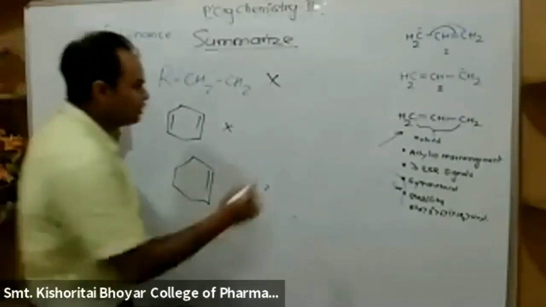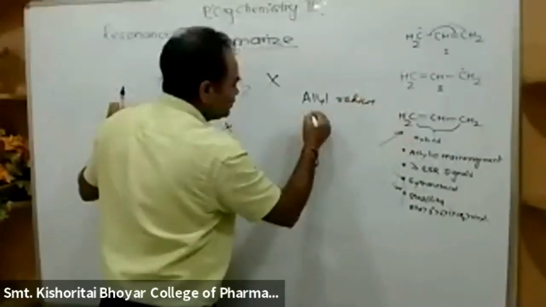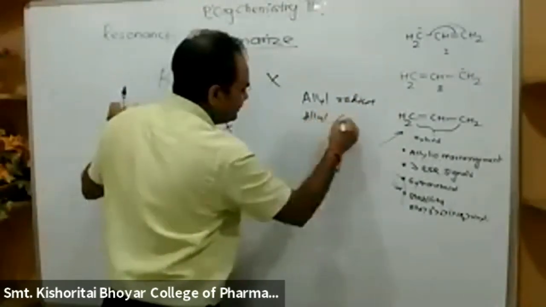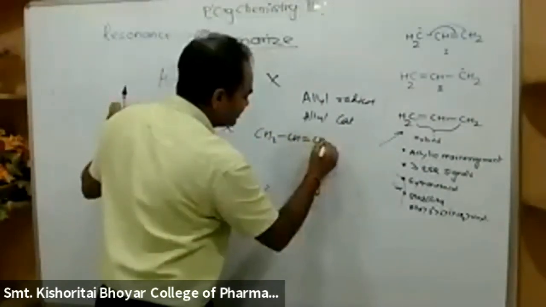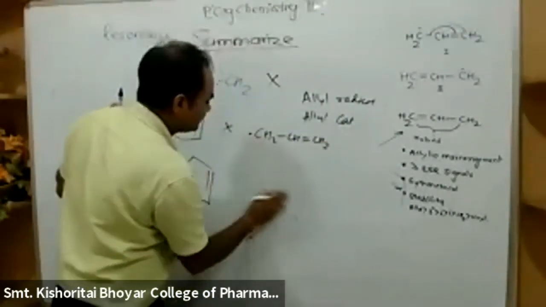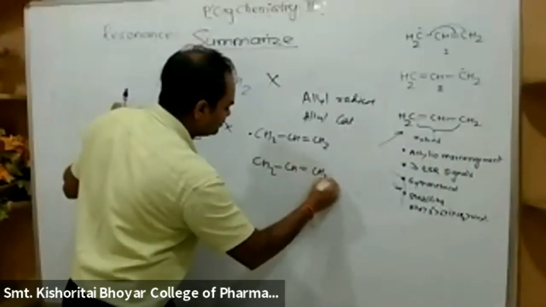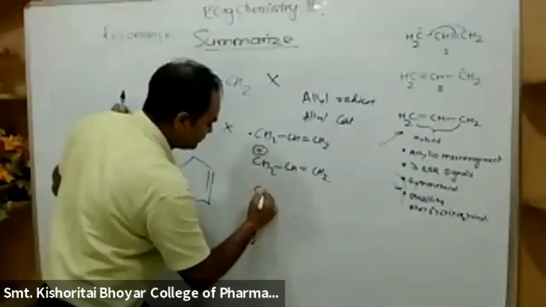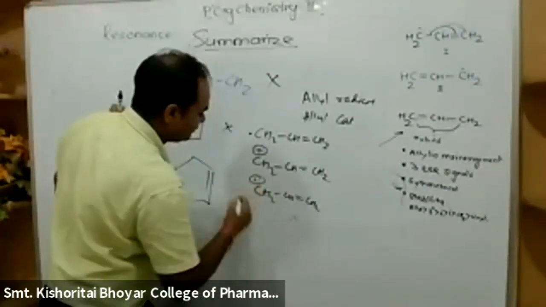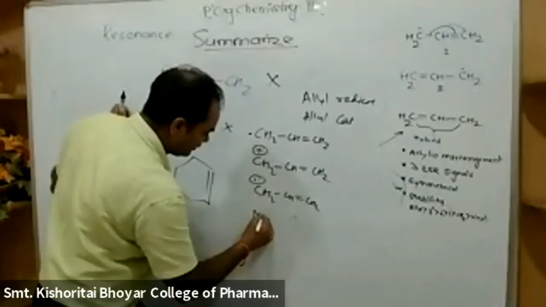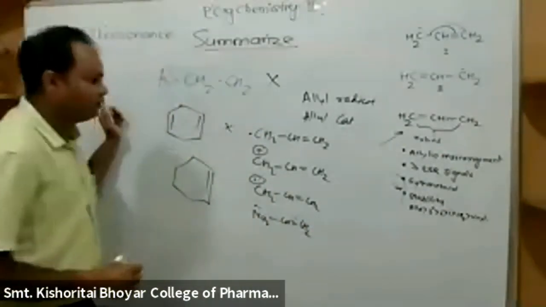But in the case of the allyl radical, the allyl cation, that is CH2=CH-CH2, okay, this is the radical, CH2=CH-CH2 allyl cation, then CH2=CH-CH2 again the anion, or you can say NH2-CH=CH2, which again has a lone pair of electrons.